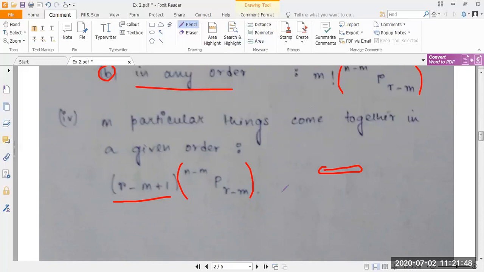I take my favorite m balls as a separate entity. I put them in a packet, and I consider that to be a different entity itself. So I essentially remove those m balls, so I have r minus m balls. I put those m balls in a packet, and then I put it back in my set of balls. So essentially I have r minus m plus 1 number of things. And that is how I get my answer.